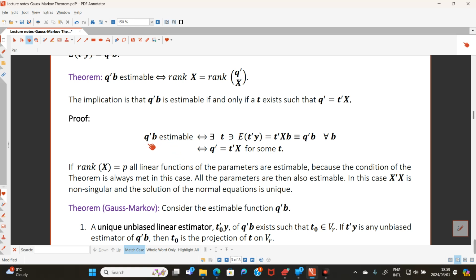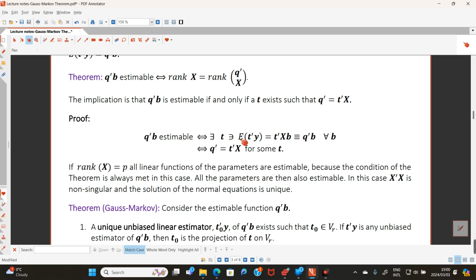According to the definition, Q prime B is estimable if and only if there exists a T, a vector, for which the expected value of the linear function of observations is equal to Q prime B. But remember from the model, the expected value of T prime Y, T is fixed, it's not random, so it goes out of the expected value.